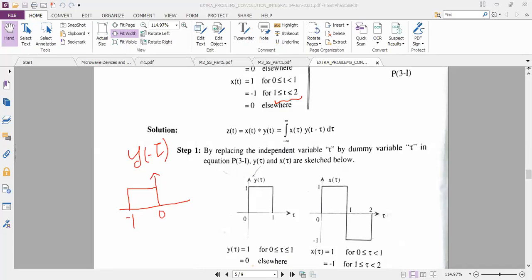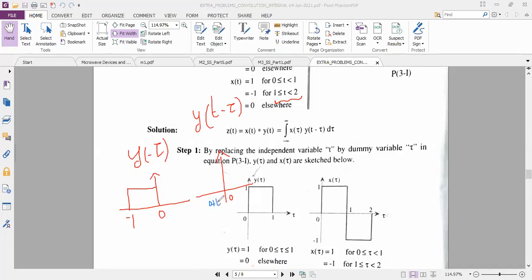After this, what I said, if the inputs are finite, then I will draw one more waveform, that is y of t minus tau. That means along with minus tau, I am adding t. If that is the case, then you know how the new waveform will be looking. So I will just draw here. Now it is 0 plus t.